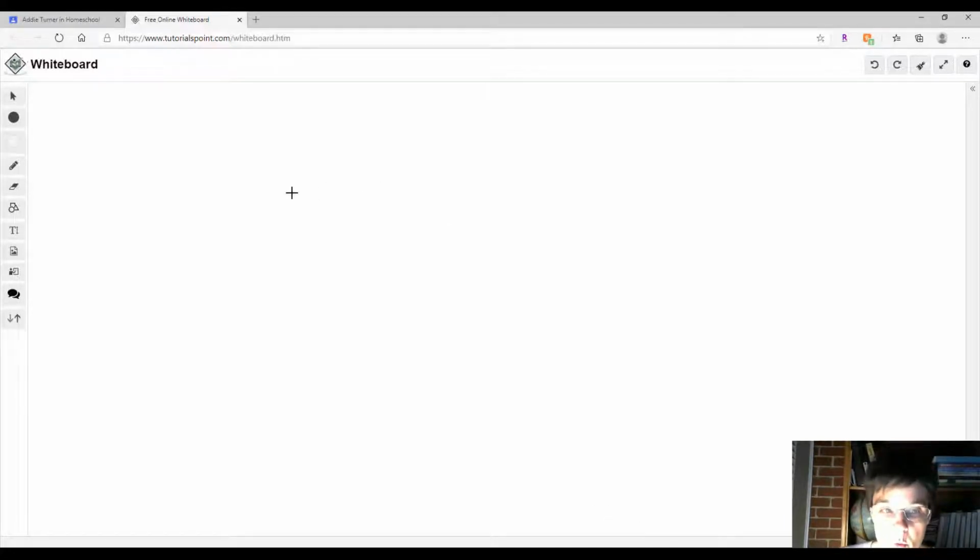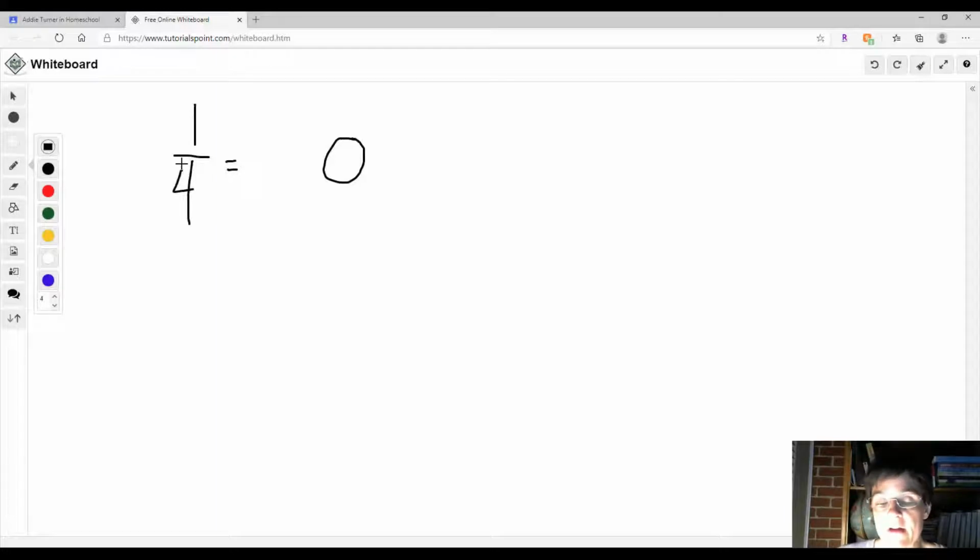Okay, so 1/4 would be 25%. Because if you divide this, you know how you divide fractions to get the percent or the decimal, you get 25%. So it would be 1/4.